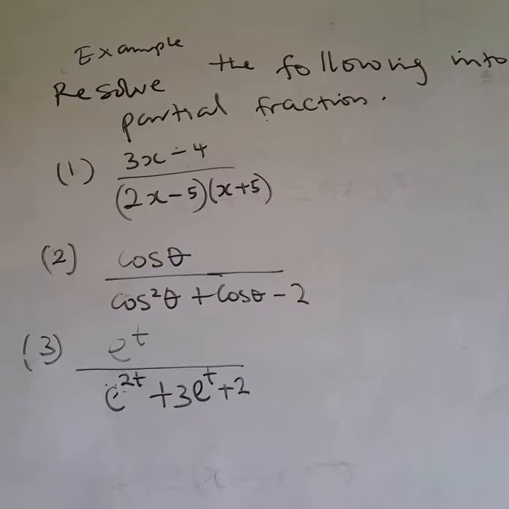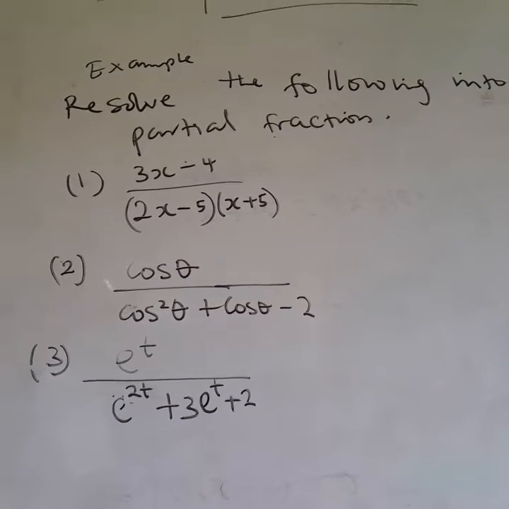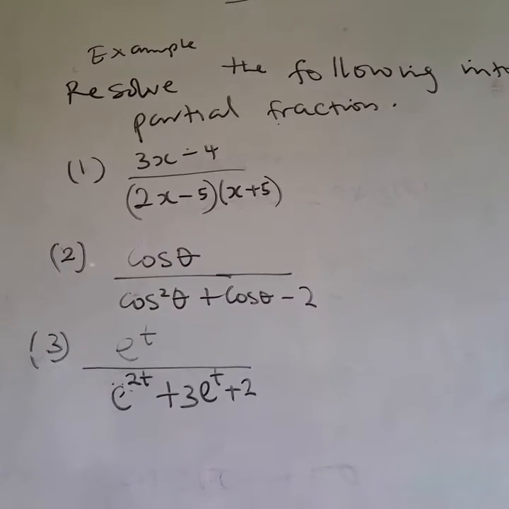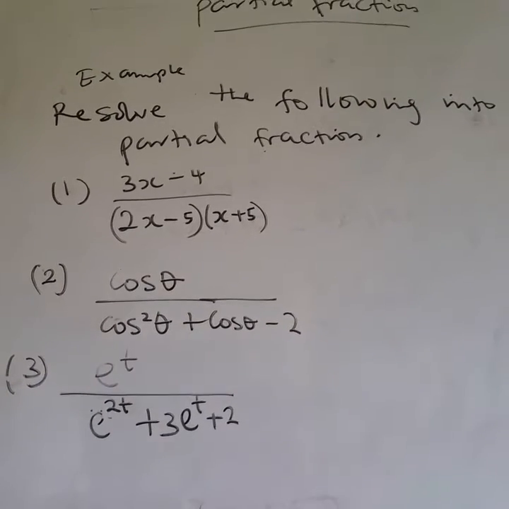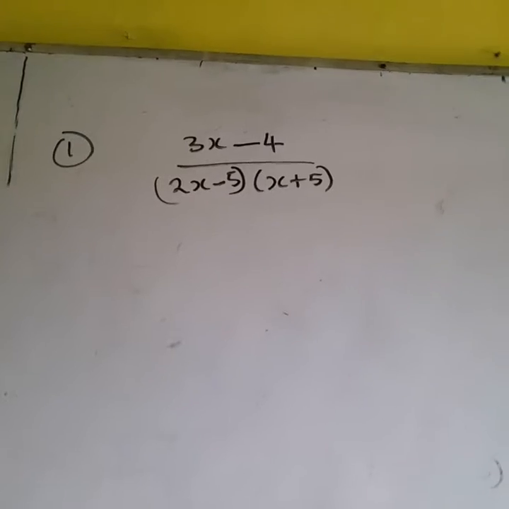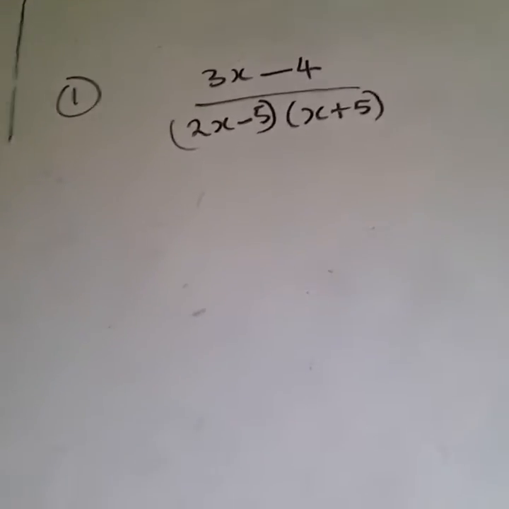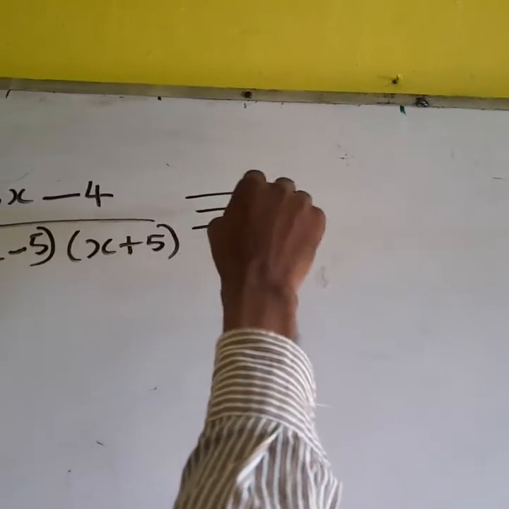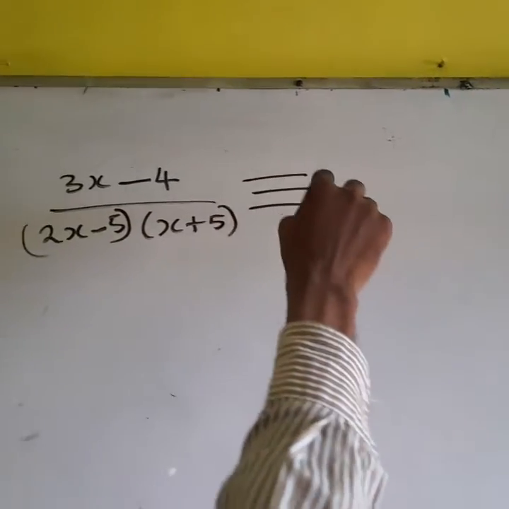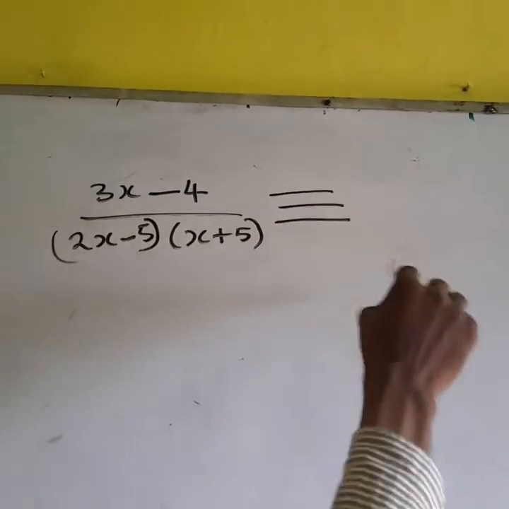Number one says 3x minus 4 all divided by 2x minus 5 into x plus 5. So let's resolve it. To resolve question number one, we put equivalent to these three lines. It doesn't mean it is equal to, but we call it equivalent to.